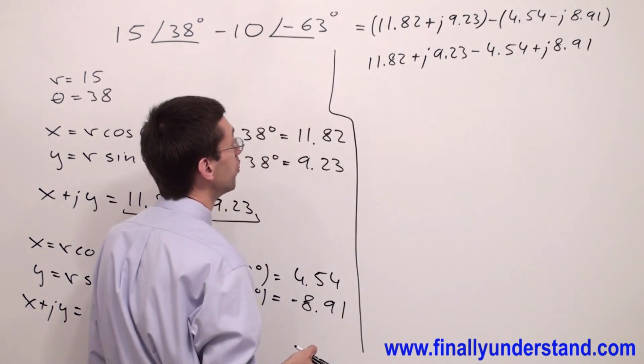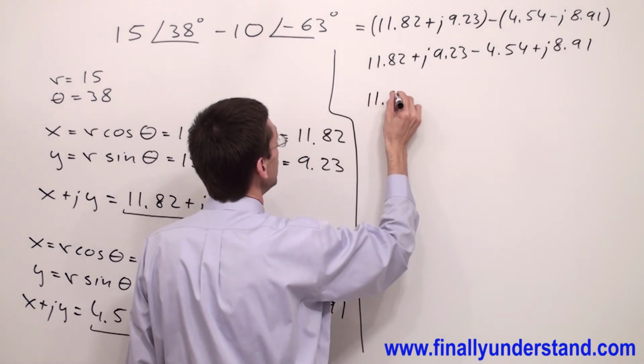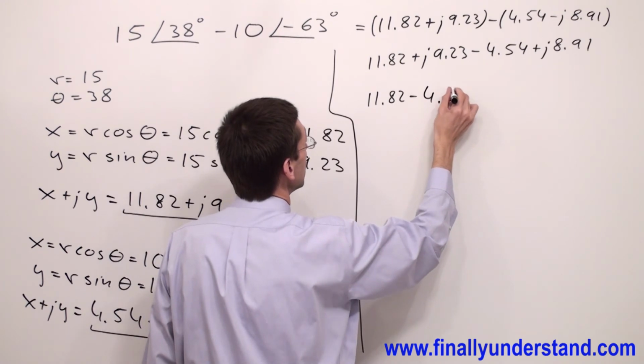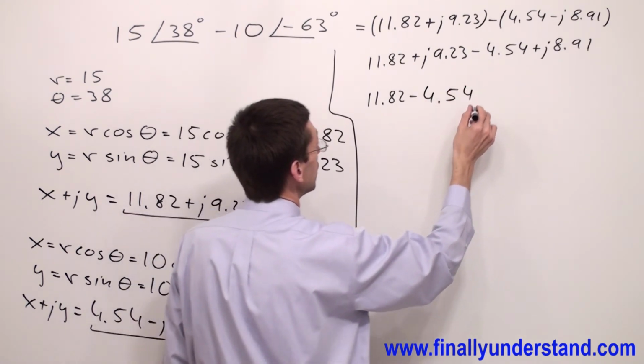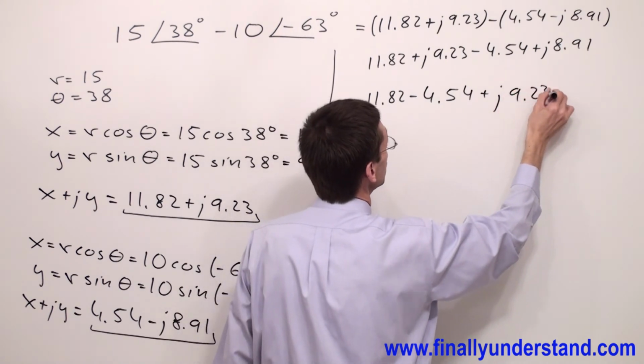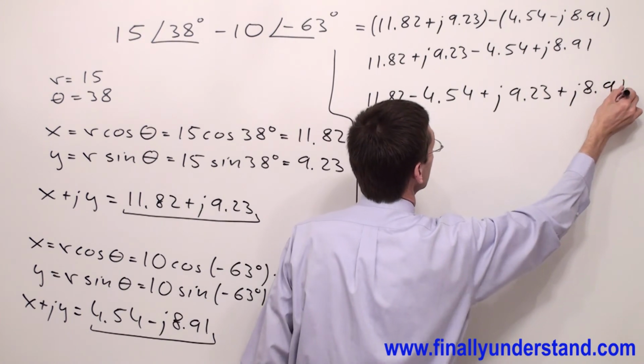Next, I'm supposed to combine the like terms. I have 11.82 minus 4.54 plus j 9.23 plus j 8.91.